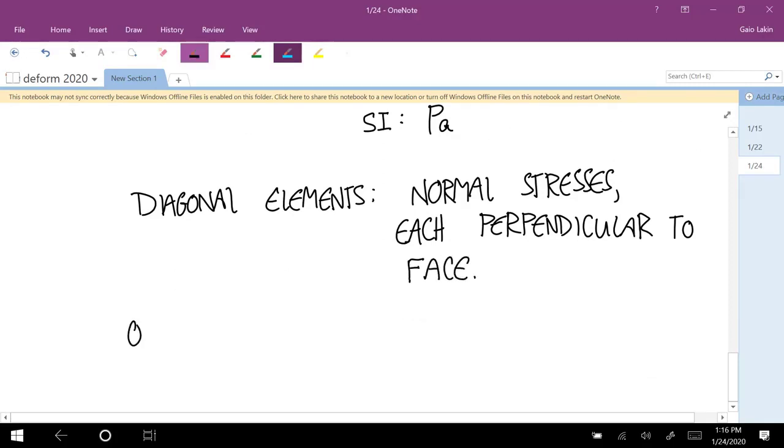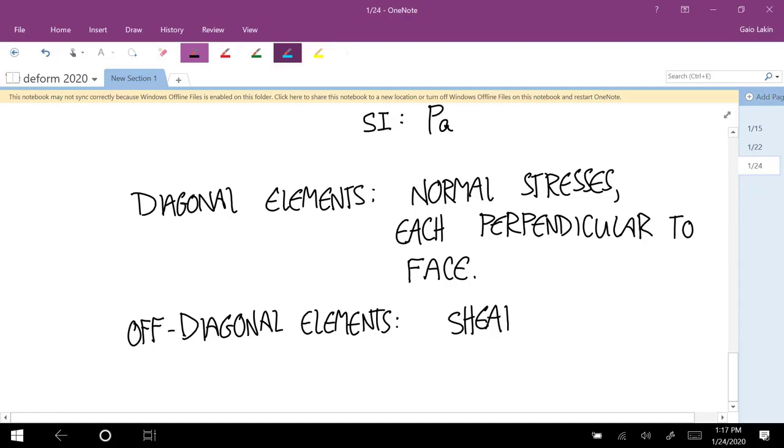The off-diagonal elements are called the shear stresses. And they act in the plane of the face.